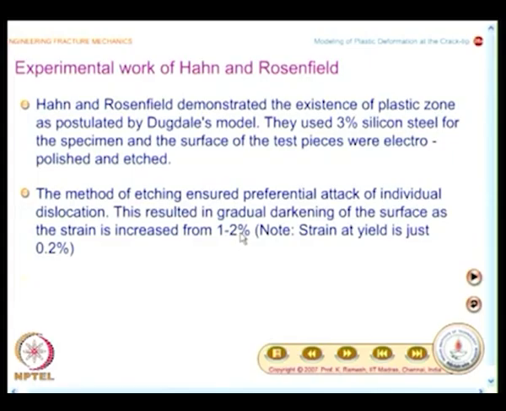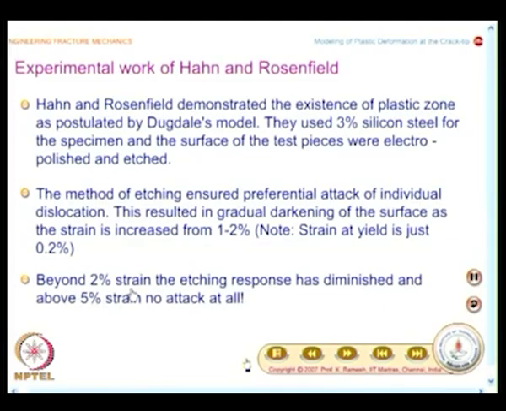You will have to note down, in the context of strain, 1 to 2% is very, very high, because if you look at material testing, the offset strain that you take when the yield strength is not sharply defined, you take that as 0.2% offset. So, 0.2 percent itself is sufficient for the material to yield. So, when you have 1 to 2%, the material has definitely deformed plastically.